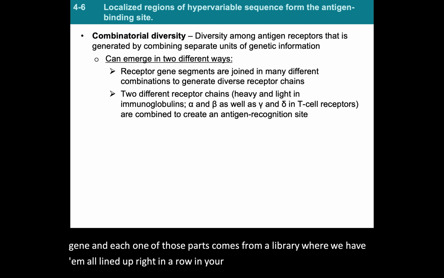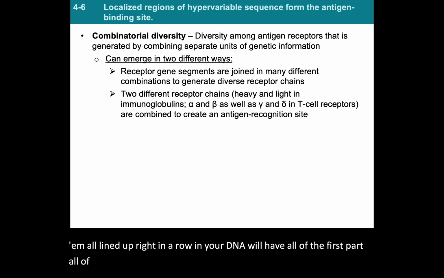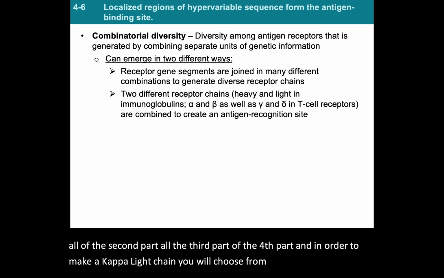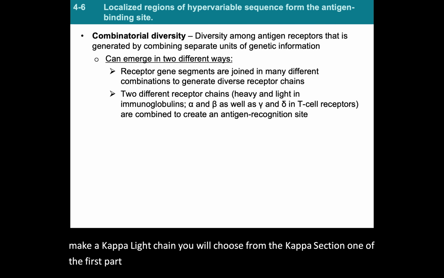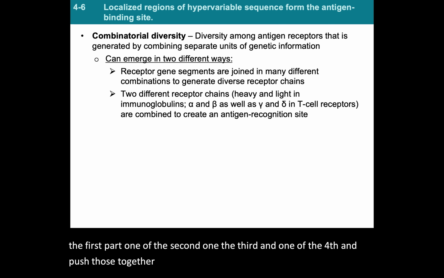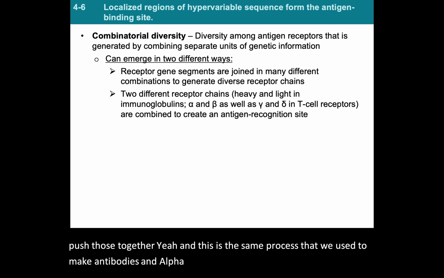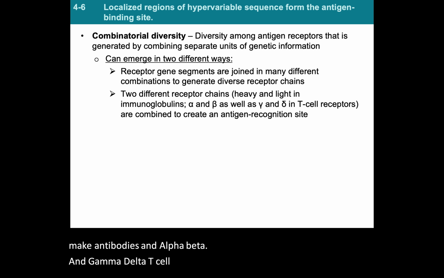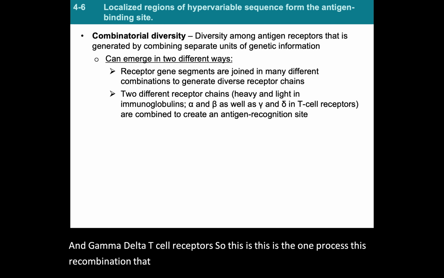We'll have all of the first part, all of the second part, all the third part, all the fourth part. And in order to make a kappa light chain, you will choose from the kappa section one of the first part, one of the second, one of the third, and one of the fourth, and push those together. Yeah. And this is the same process that we use to make antibodies and alpha beta and gamma delta T cell receptors. So this one process, this recombination, drives your adaptive immune system.